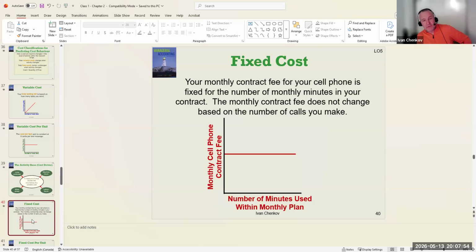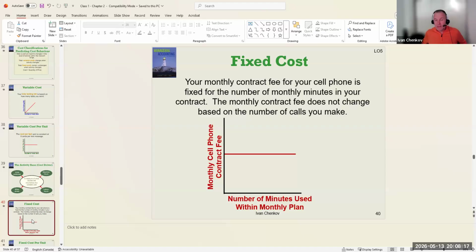Let's see about the fixed cost. Fixed cost, compared to the variable cost, always stays the same. As a total, fixed cost always stays the same. An example for the fixed cost will be your cell phone.